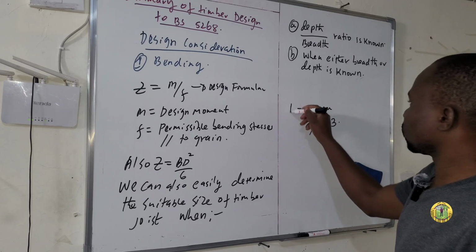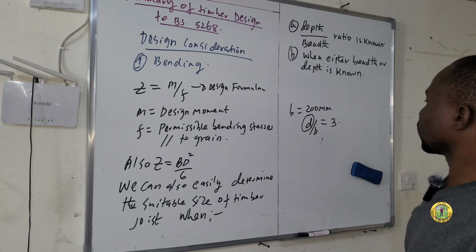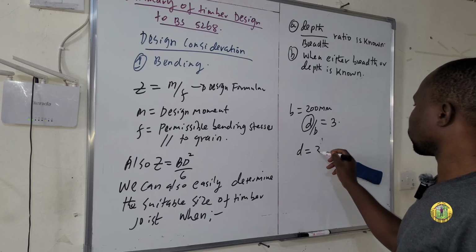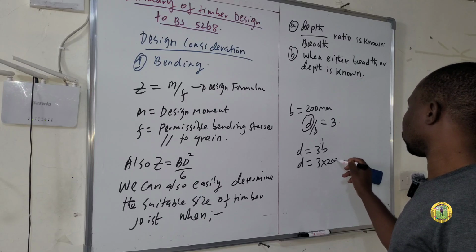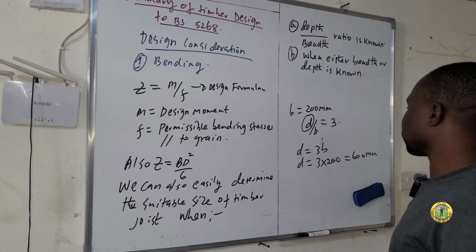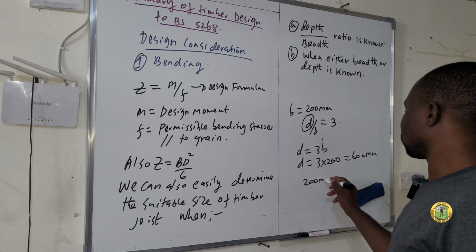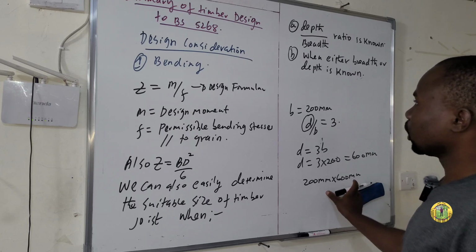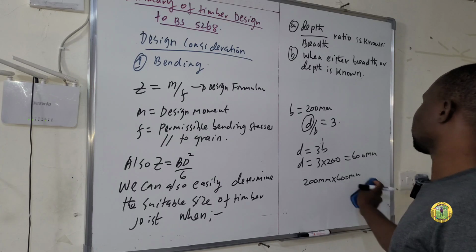So B is known, and it means you can easily find D. D will be equal to 3B. So D is equal to 3 times 200, which is equal to 600 millimeter. And then you will check if this size, which is 200 millimeter by 600 millimeter, will support the load which you will be designing for such a joist.